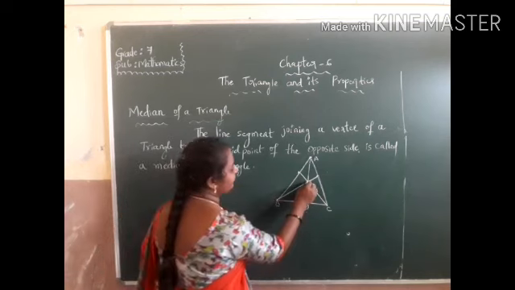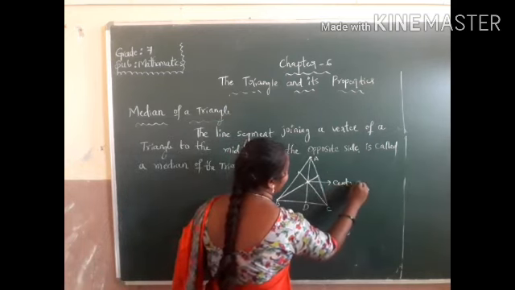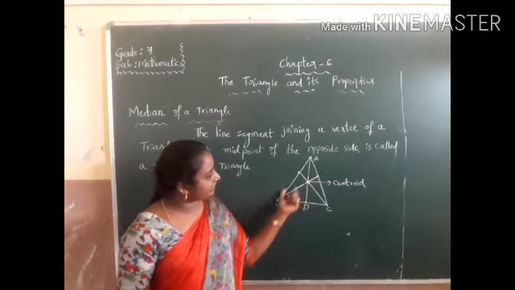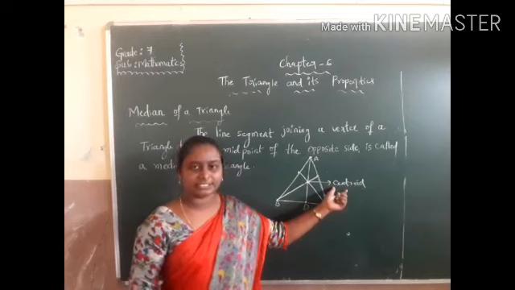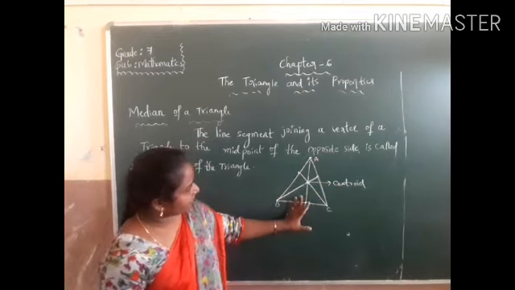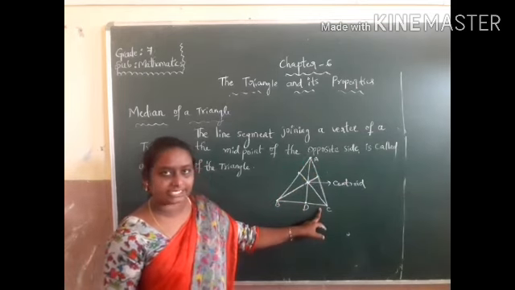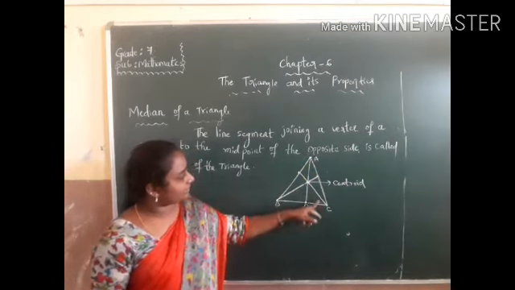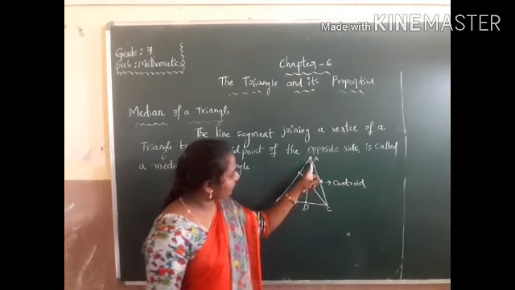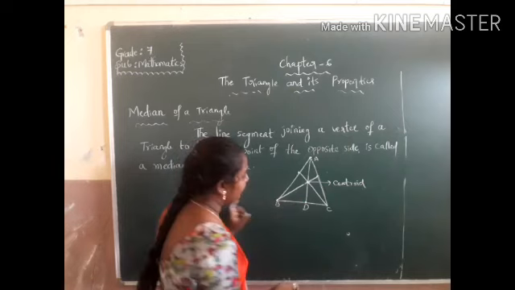The point of intersection in a triangle is called the centroid. The line segment joining a vertex of a triangle to the midpoint of the opposite side is called the median of a triangle. So AD is the median to BC.